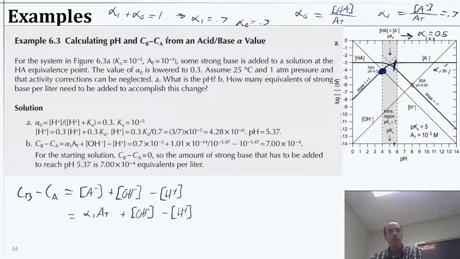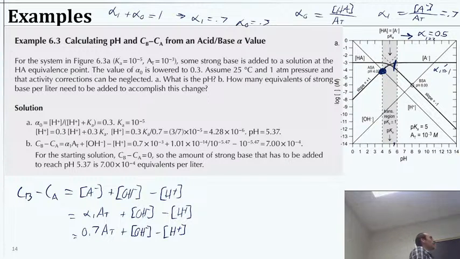I put this into alpha 1 times AT, and because alpha 1 should be 0.7, we could maybe solve from here somehow, but this is getting complicated. We could put OH minus in terms of H plus, but we don't know what's on the other side of this equation, CB minus CA. We don't know that yet, and the question asks us to solve for that second, so I'm not even going to go there yet.